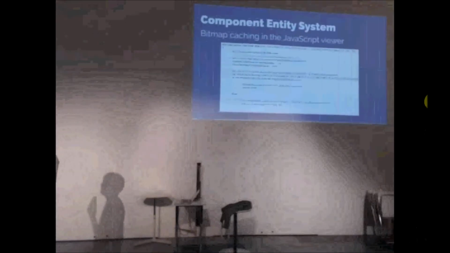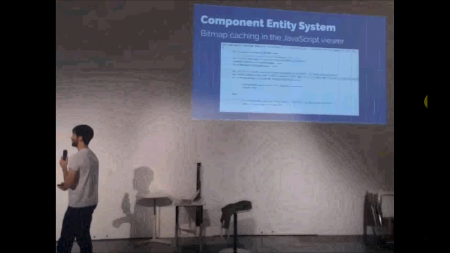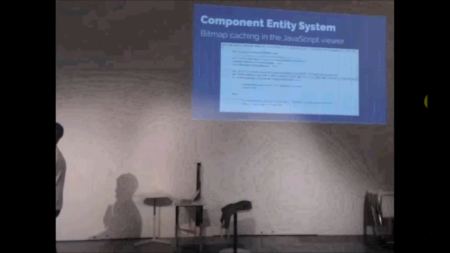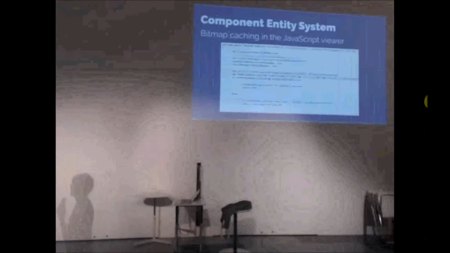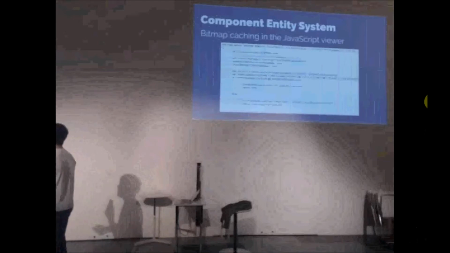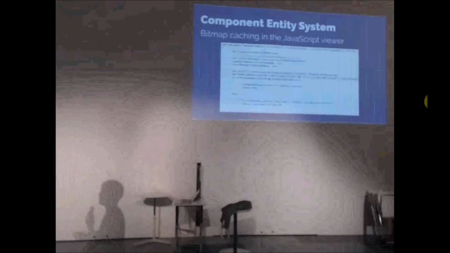So in the JavaScript viewer, we use our own rendering engine, which is not stateful, like the Flash display object hierarchy. And this is the code in the JavaScript viewer. It looks complicated, but what you can notice here is that a lot of calculations are done in local variables, and then a lot of stuff is pushed to the transform on the screen, and then there's a draw.